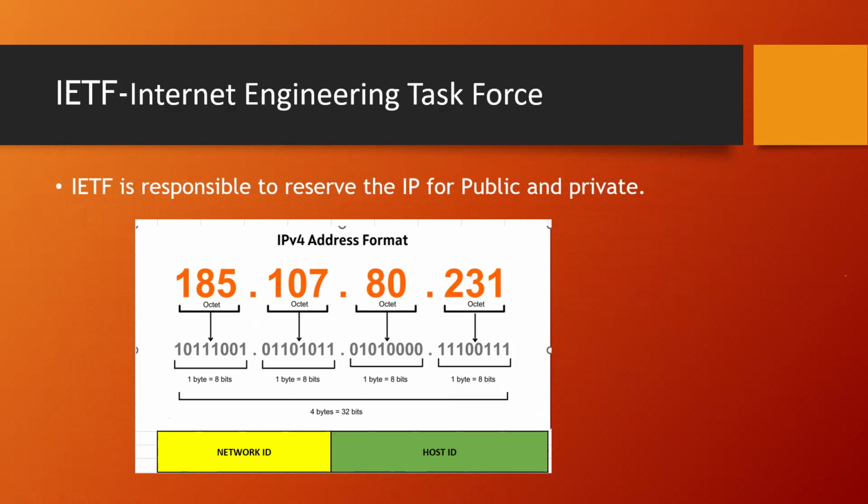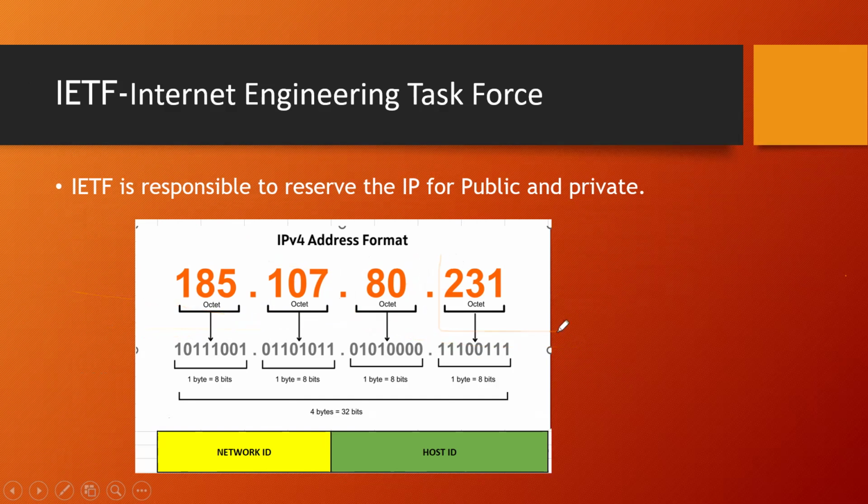It depends upon how many bits you give to the network ID or host ID. Any IP address has two parts: one part is called the network ID and the other is called the host ID. From where to where will the network ID be? We can give these three as network ID, or these two as network ID and these two as host ID, or these three as network ID and only one as host ID.